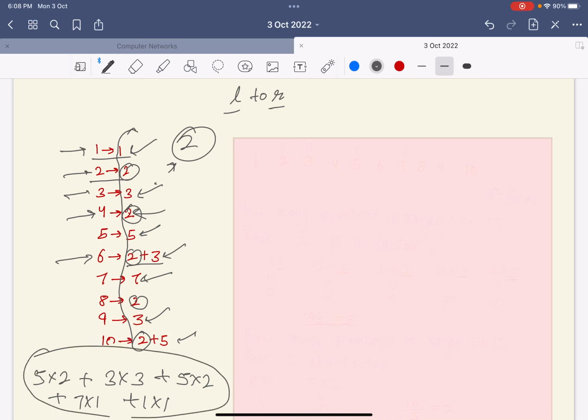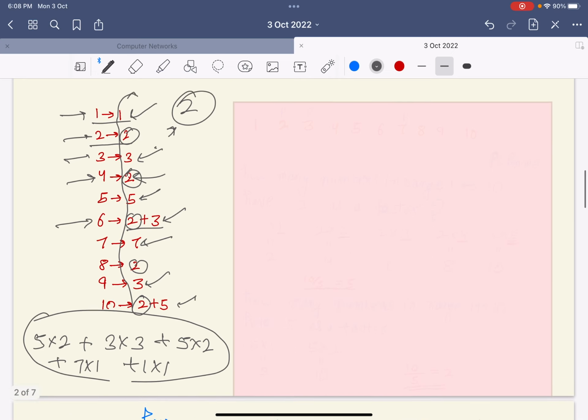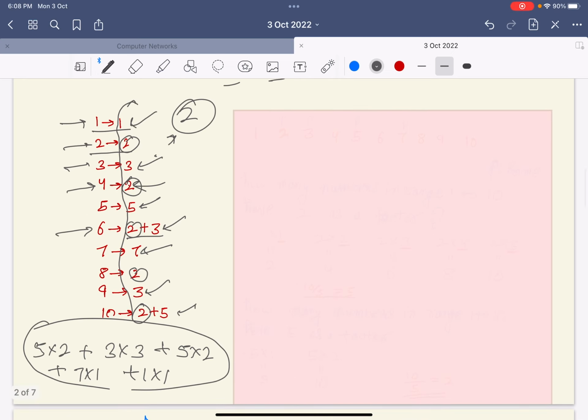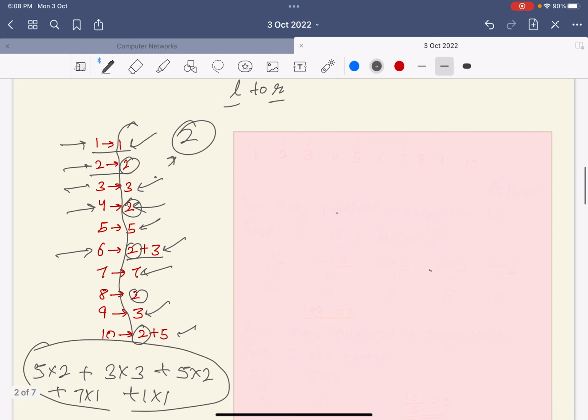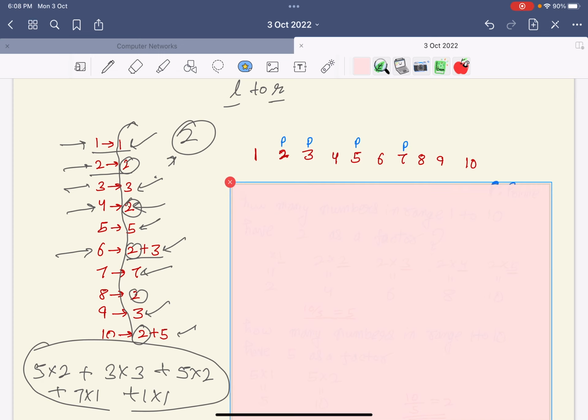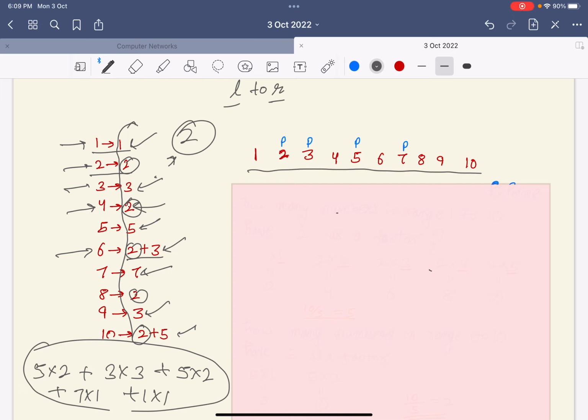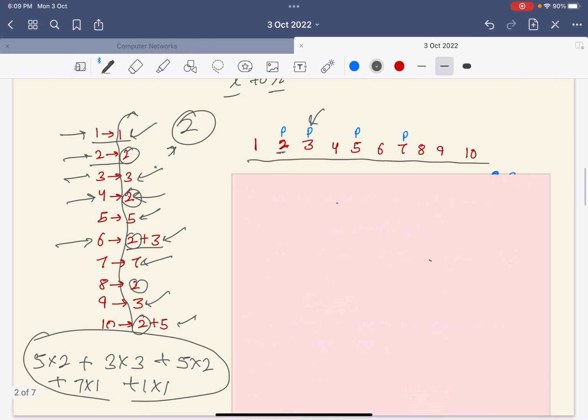So I need to find the occurrences of prime numbers, how many times each prime number occurs in the whole series. Let's find out how we can deal with that. Let's say we have a series from 1 to 10, and P represents a prime number.